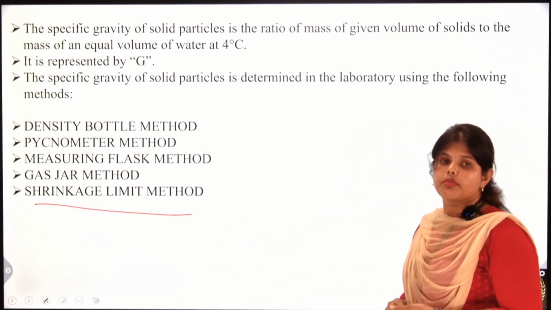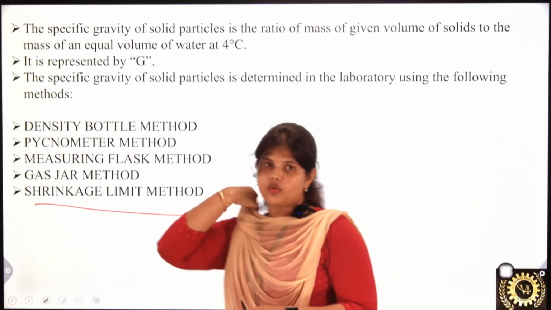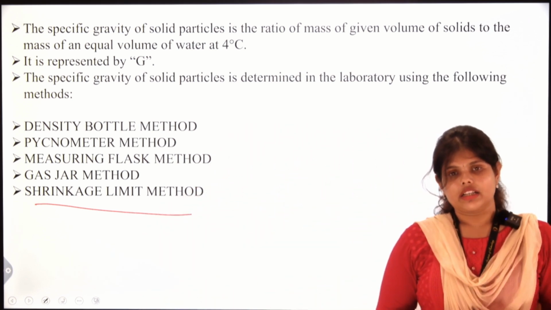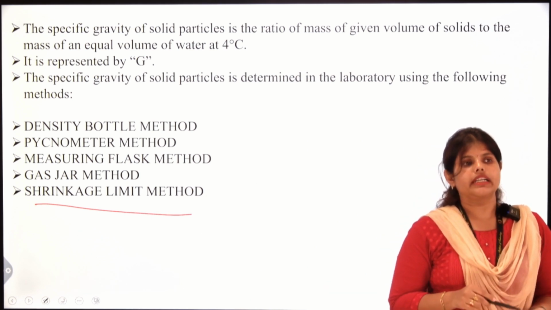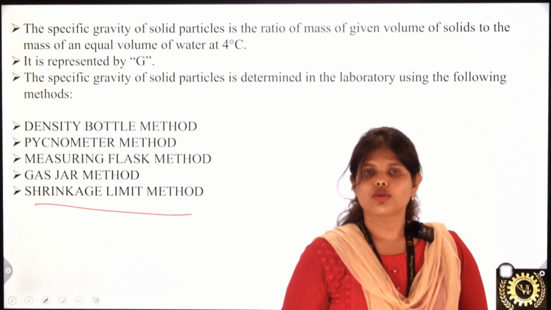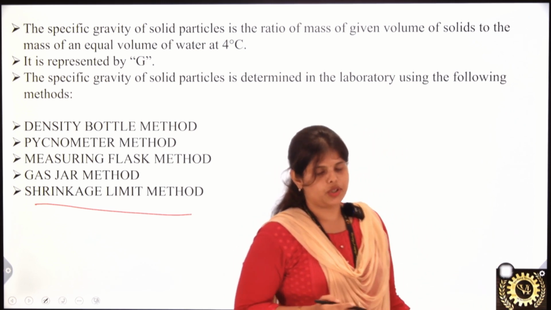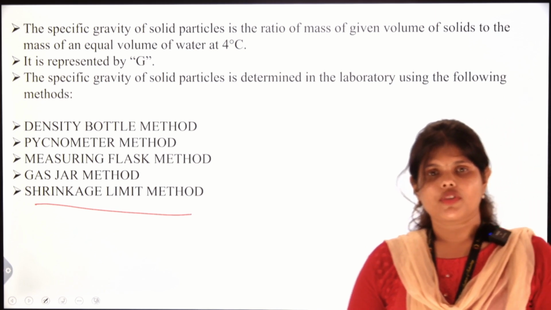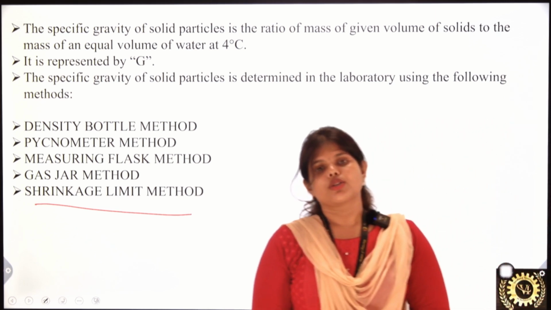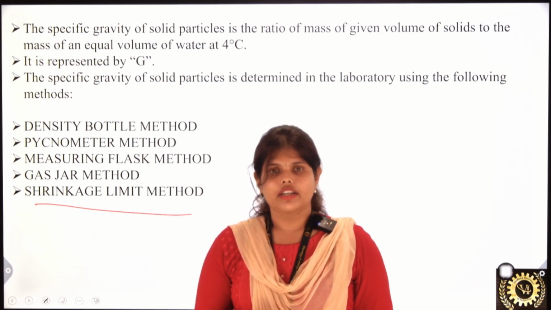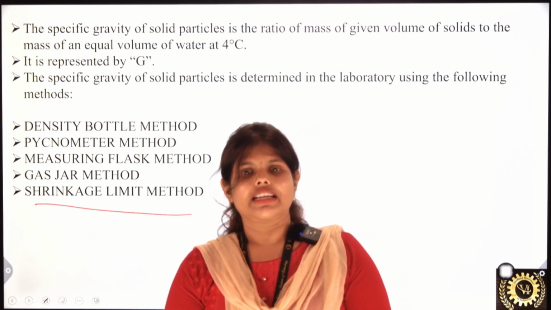We will discuss that later. So until now we have discussed how to determine water content and specific gravity, all the methods we use, and we know the formula. In the next class we will solve some numericals on this. Thank you so much.